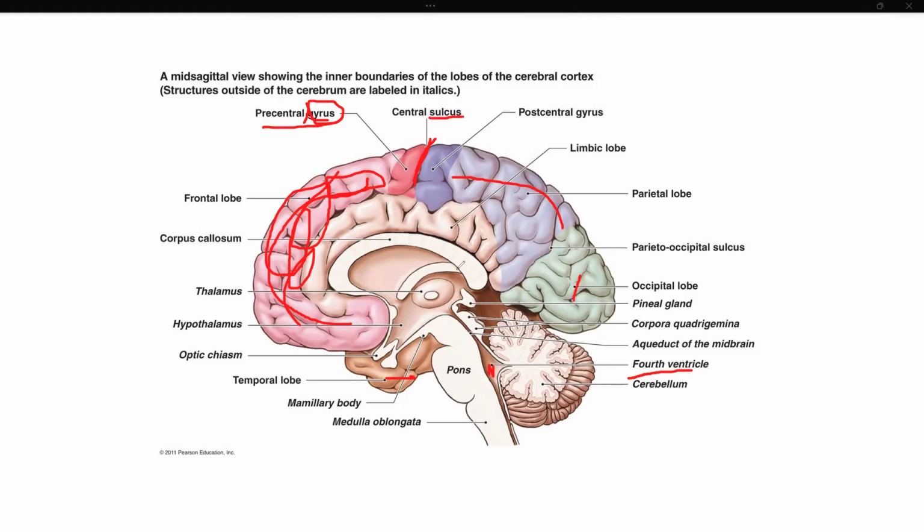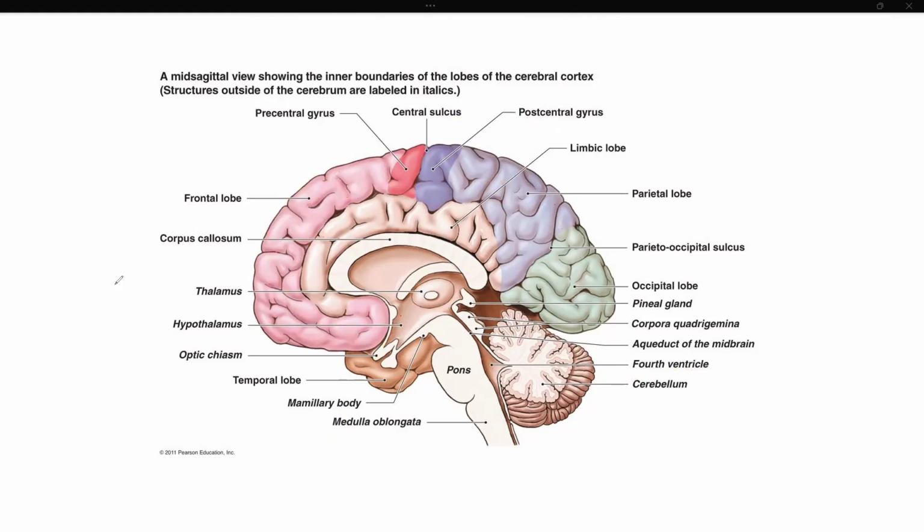So that's the primary difference, and they have names like postcentral gyrus and precentral gyrus, because the brain is divided by a line in the center, and you imagine this is the center. So this is the precentral gyrus and this is the postcentral gyrus. We have our lobes over here and here on either side, and that's all about the gyrus and the sulcus.